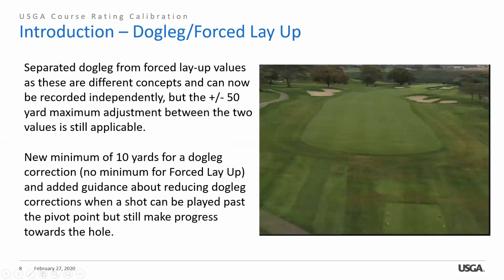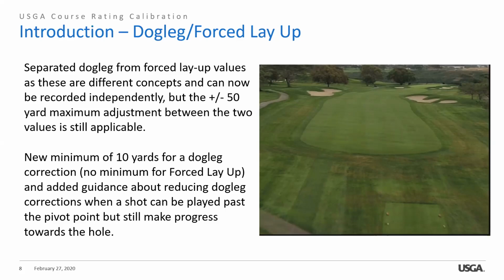All right. Dog leg and forced layup. So this has been separated out. And thanks to Steve Stellini and his work, he's been able to get these now on 2 separate lines on the Form 1. So we'll evaluate them separately, but now they're different.